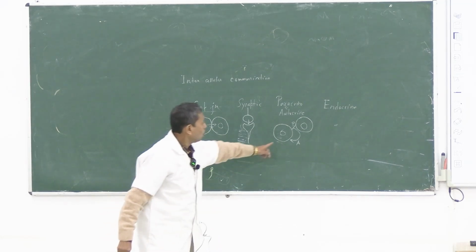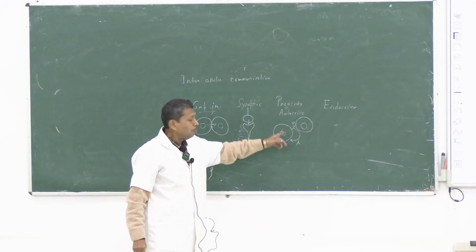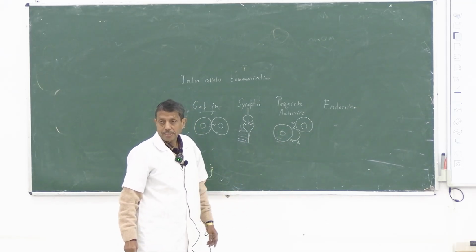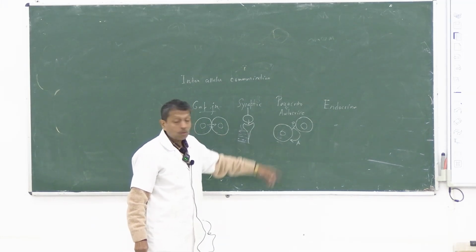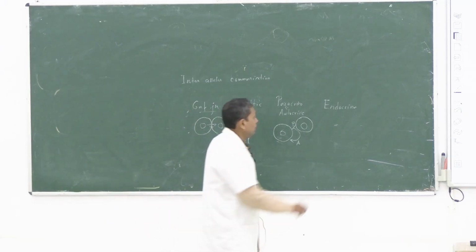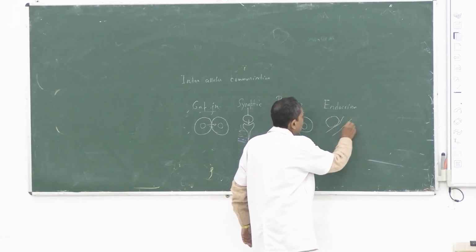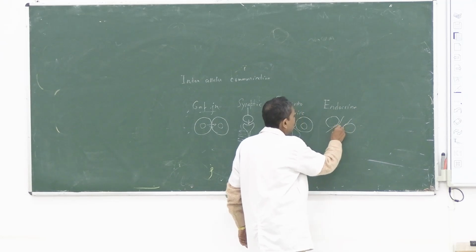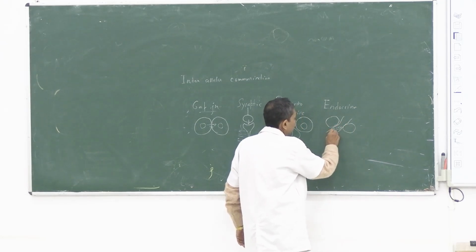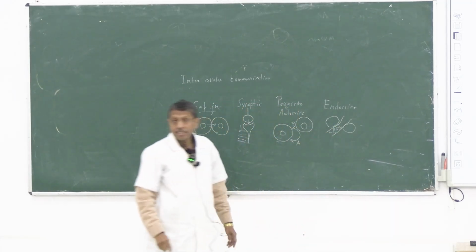But in paracrine or autocrine communication, it is locally diffuse. There is no need of blood vessels. But in endocrine communication, the secreting cells release into the blood vessels and are carried to have their effect in other cells.